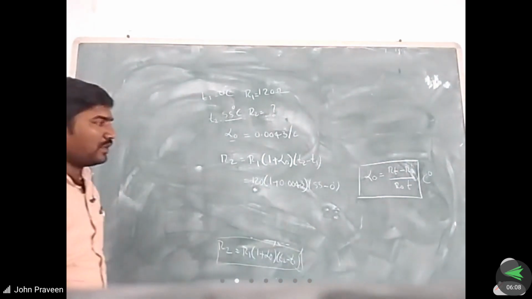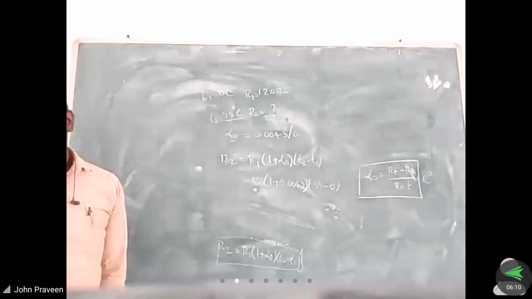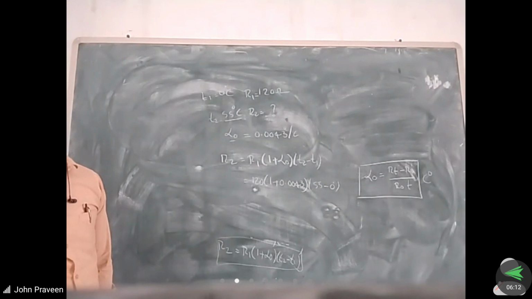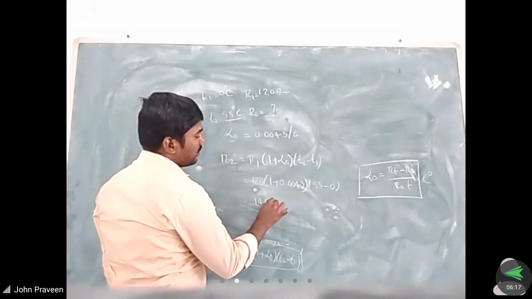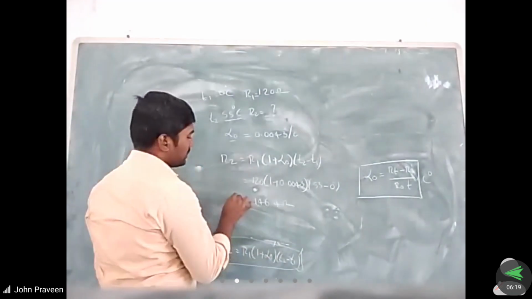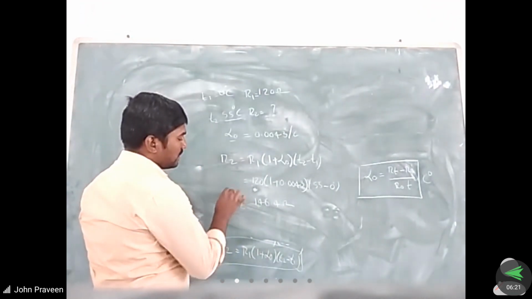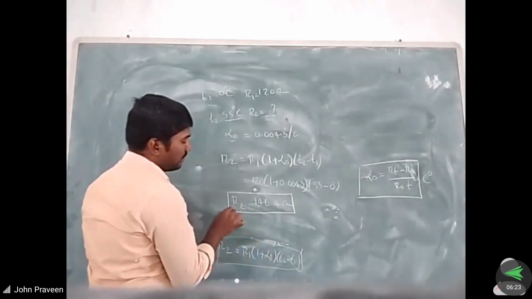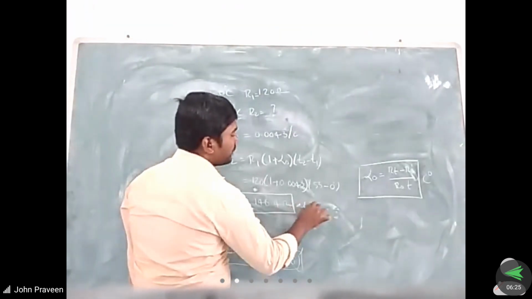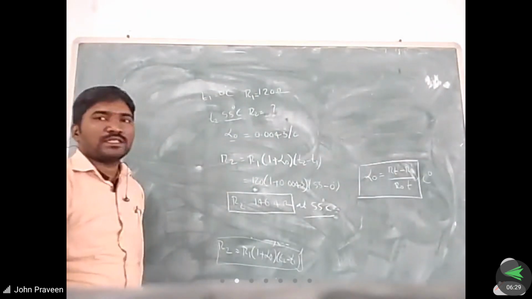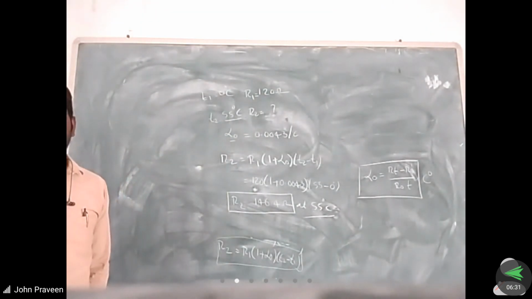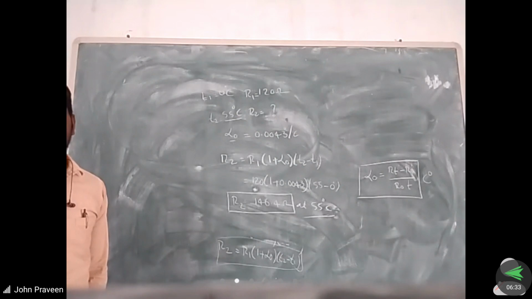So, if we multiply and simplify the equation, we get the value as 148.4 ohms. This is the resistance value at 55 degree centigrade.